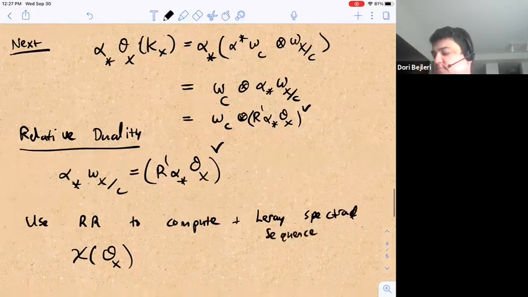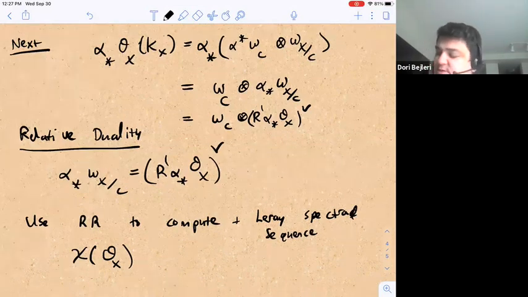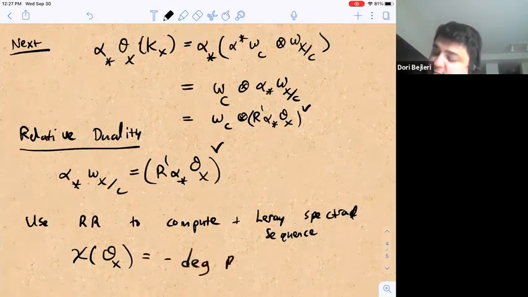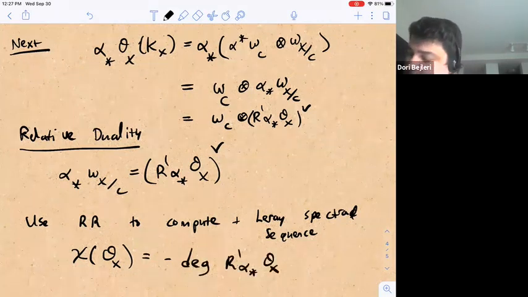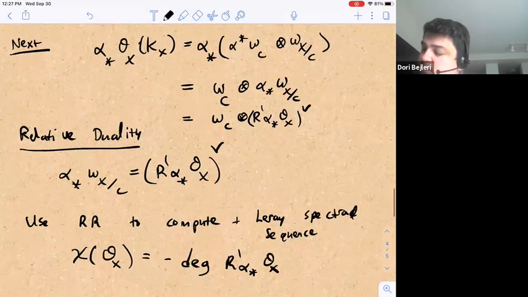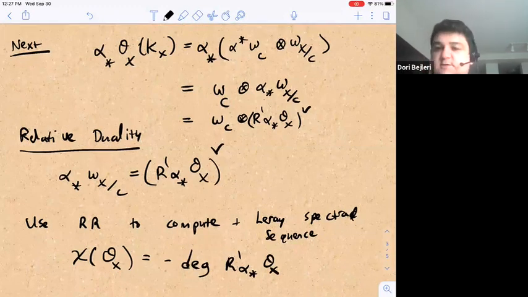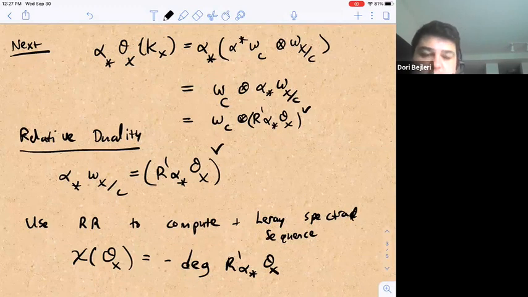So chi of O_X will be written down in terms of some cohomology groups of O, and then we can use the Leray spectral sequence plus some Serre duality to manipulate it to get that chi of O_X is minus the degree of this R1 alpha lower star O_X. Whew, okay, so that's a sketch of the canonical bundle formula. Are there any questions?